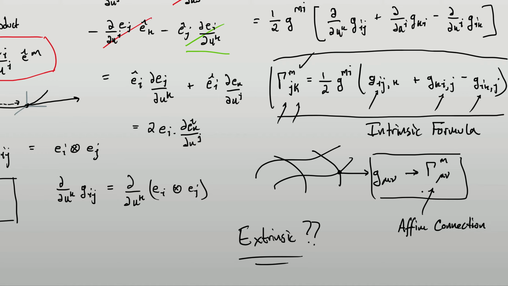What we'll see is that the affine connection plays a big role in many formulas. The geodesic and the covariant derivative.